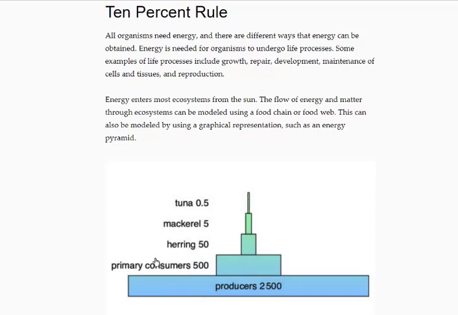So what this graph is saying here is that it takes 2,500 units of producer to create 0.5 units of tuna. So it takes a lot of producer biomass, a lot of volume to support a little bit of tuna. And as you move up the food chain, up the food web, the process gets more and more inefficient.